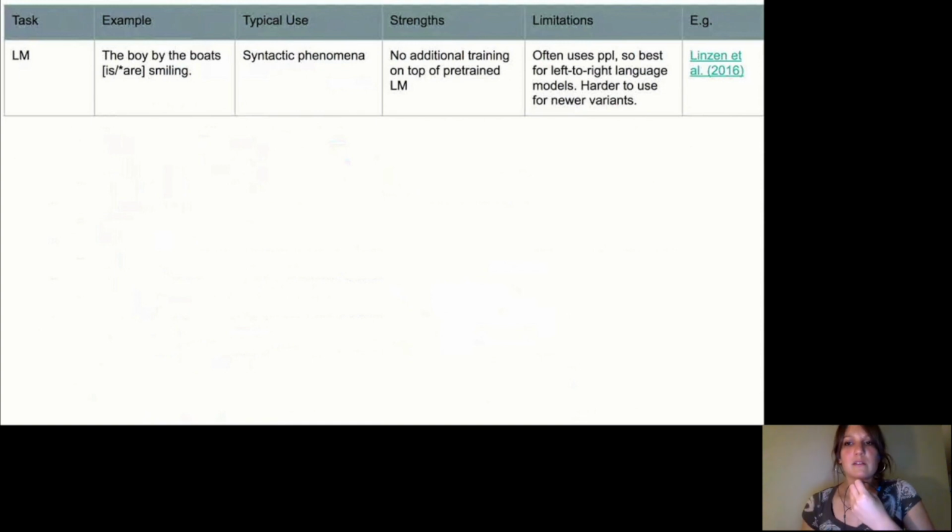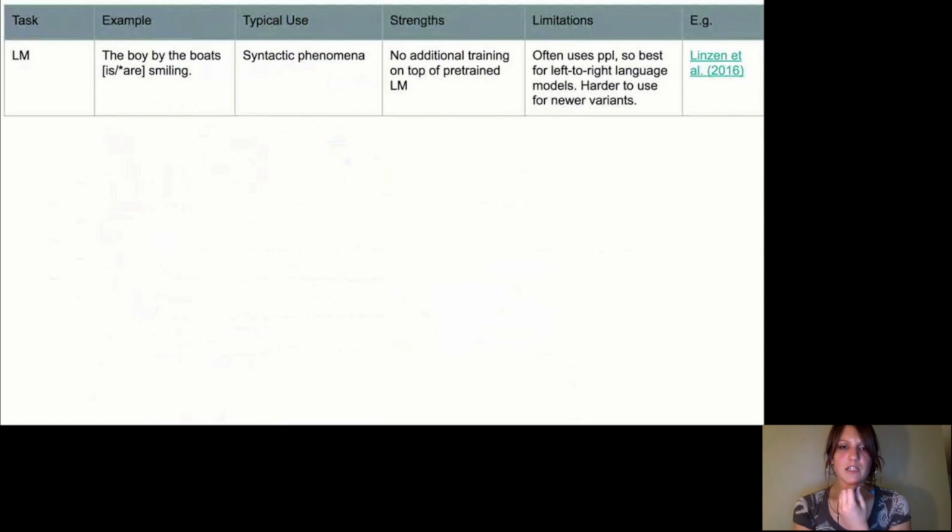One example, from some of the earlier work on this kind of probing study, used language modeling tasks. Linzen et al. in 2016 was specifically looking at subject-verb agreement, and here the task itself was language modeling. The idea was you take some sentence like "the boy by the boats, blank, smiling," and you probe whether the model assigns higher probability to "is" versus "are."